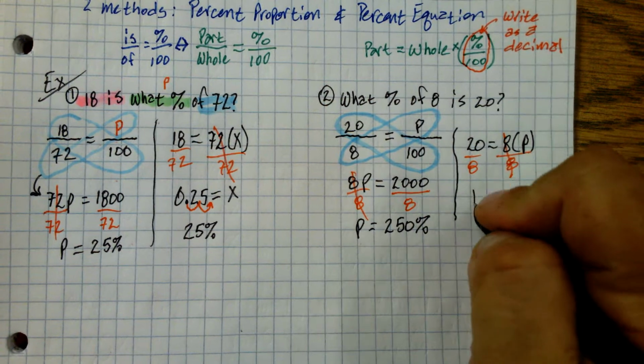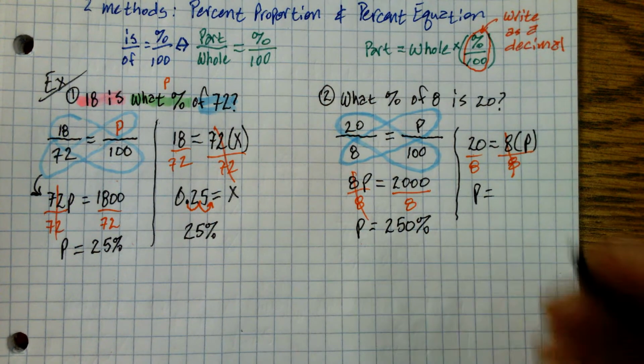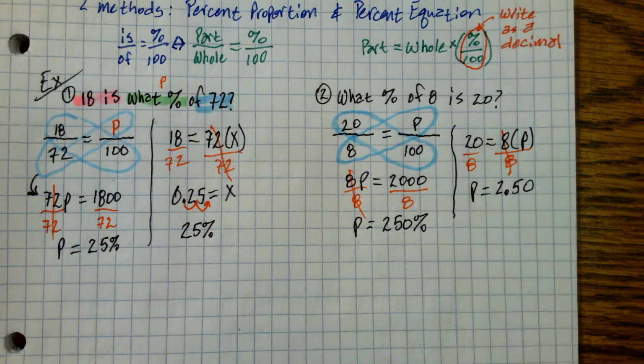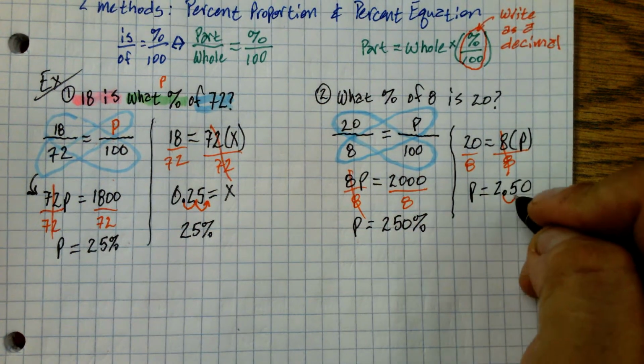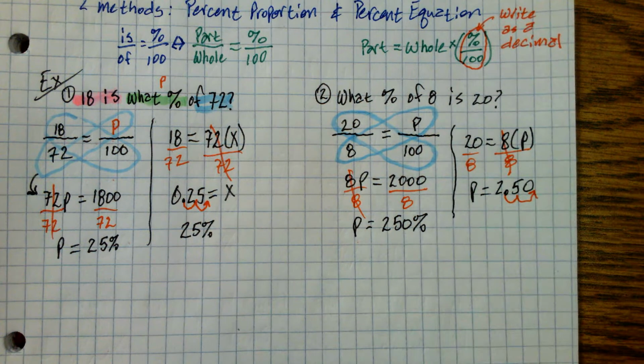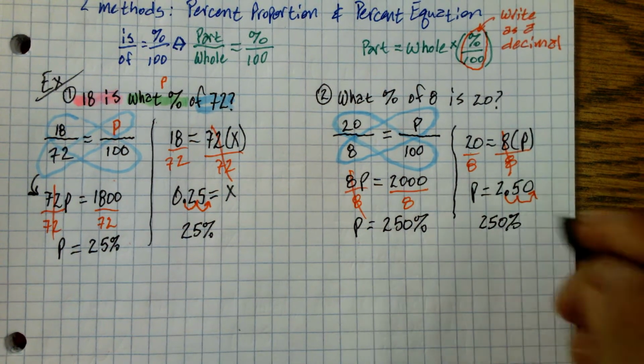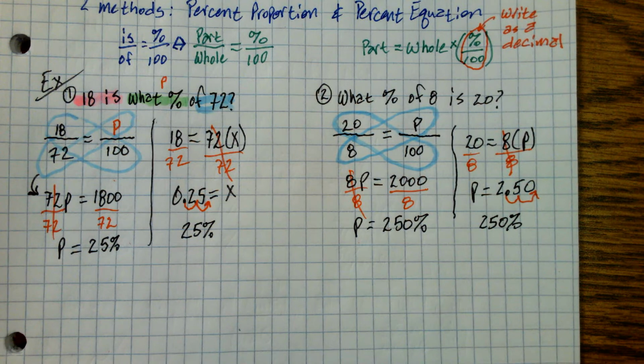And then P equals 2.5, correct? Yeah. We got to move over the decimal 2 places. And so that's still 250%. Okay.